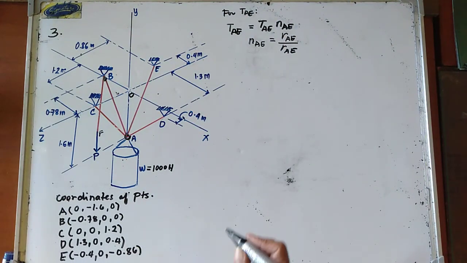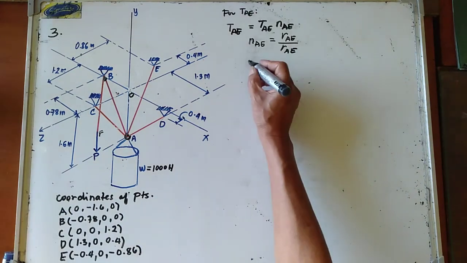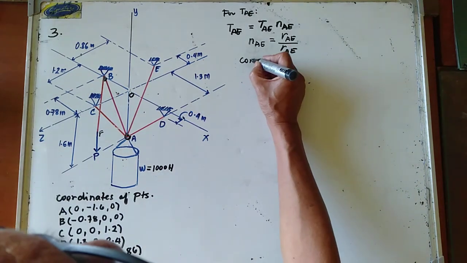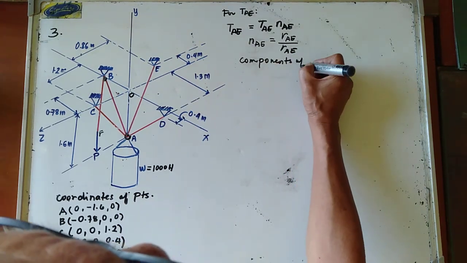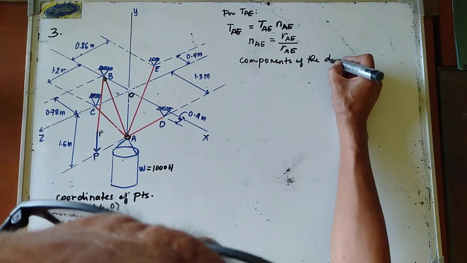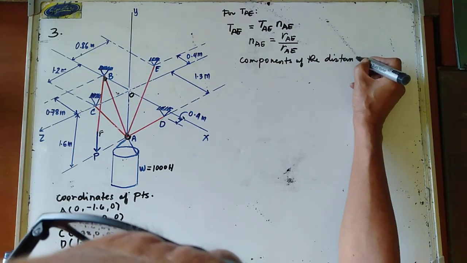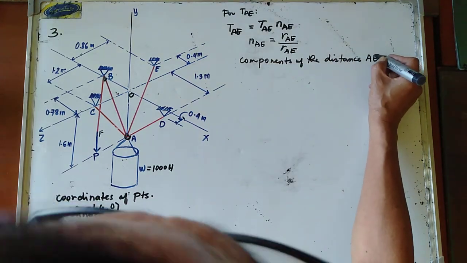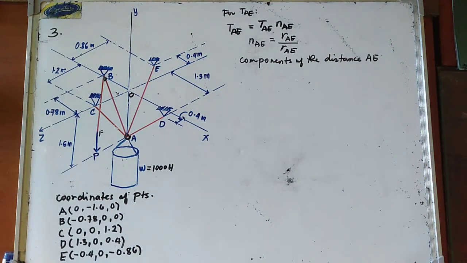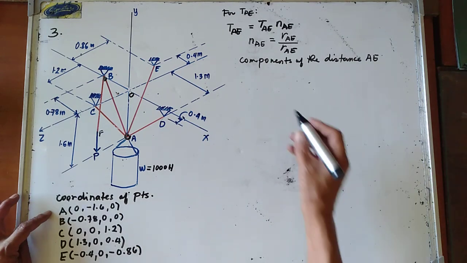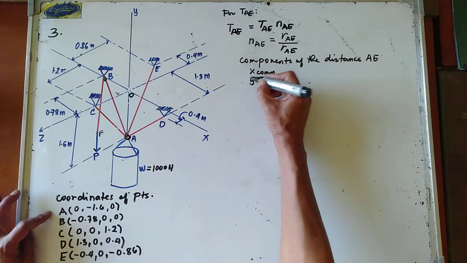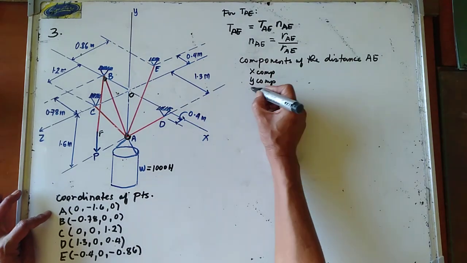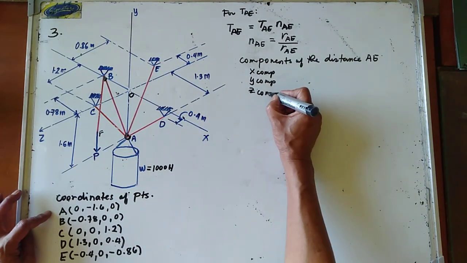So let's try to determine now the components again of the distance AE. So from point A to point E, so we have E minus A. So that is now your X. We have your Y. We have your Z.